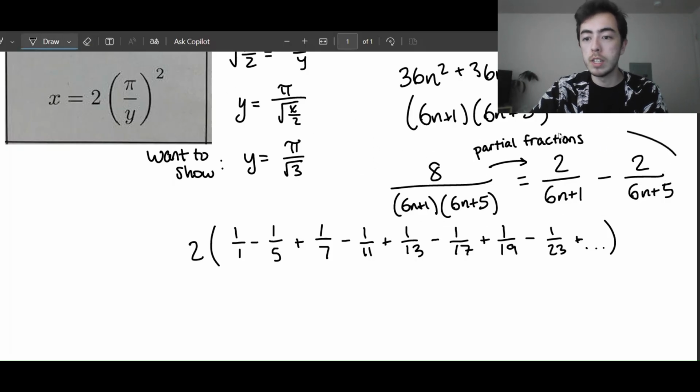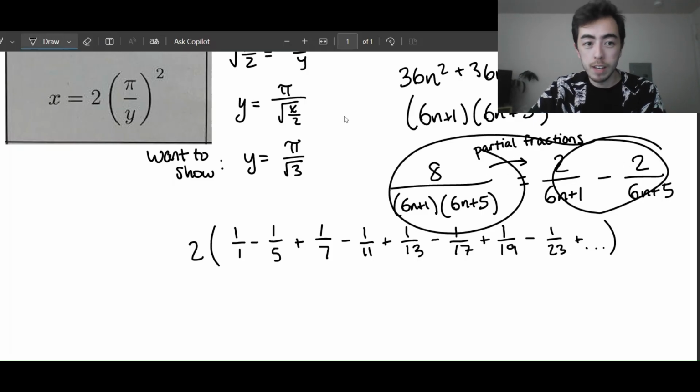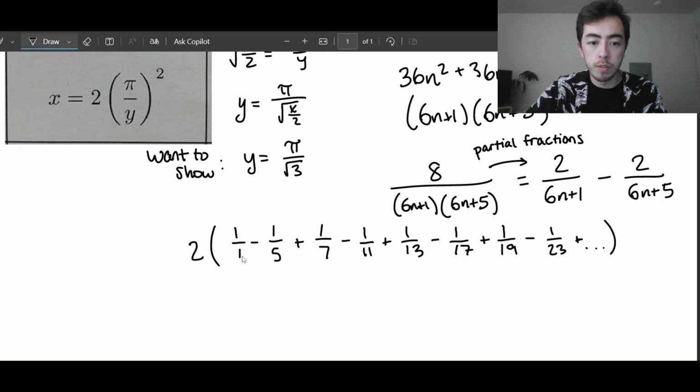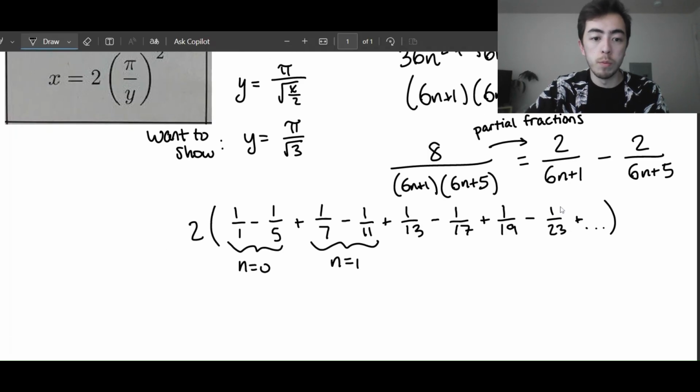So if I plug in n equals 0, 1, 2, 3, all the way to infinity on the right side, it will be the same as the left. And so these two fractions are when I plug in n equals 0. These two fractions here are when I plug in n equals 1, and so on and so forth. And so this whole sum with the 2 factored out on the left there is equal to y.